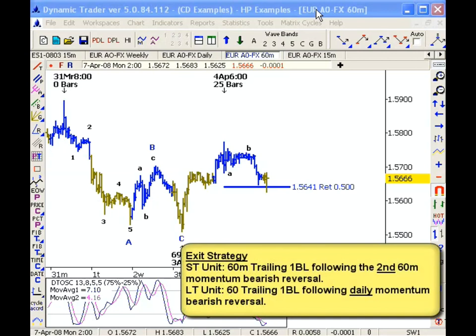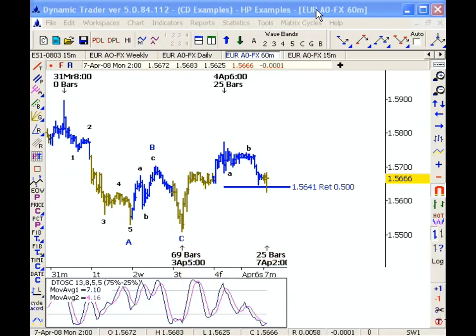And we want to hold on to that longer-term unit until the higher time frame daily momentum has made a bearish reversal. So more than likely, this trade would last, if the trend continues, several days, because we've just had a bullish reversal in the higher time frame daily momentum, which would indicate the market should be sideways to up for a few days.